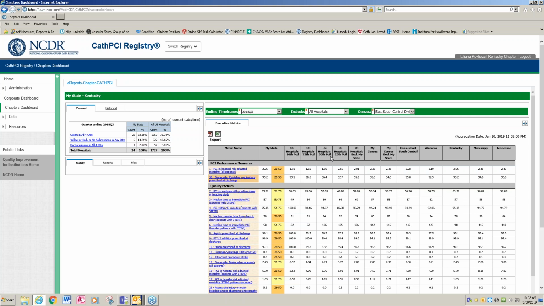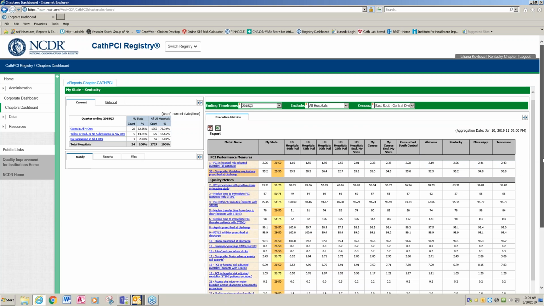This is the US data, 50th percentile results, 75 and 90th percentile. This is the 25 percentile and below. This is our census data, which is for the whole group that is in our census, and we can always compare our state with the census data as well. And you have here also the results for each state separately. We decide to look for, do you have any questions for this?